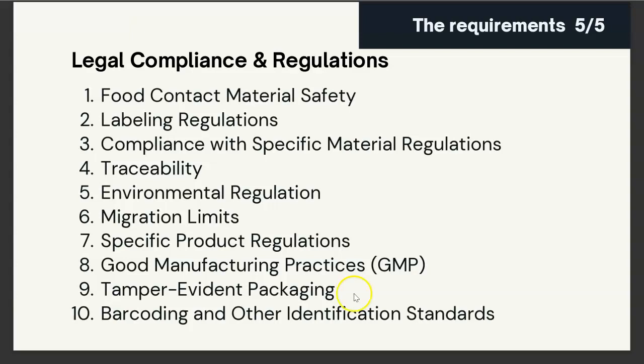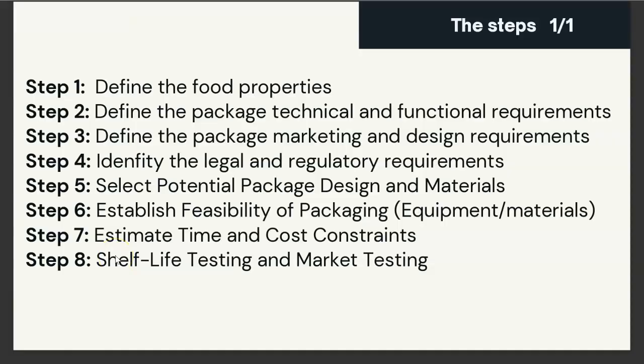So they might want you to provide, for example, with mineral water, once it is opened, you can see the broken part of the closing cap. And last but not least, the barcoding and other identification standards, for example, logistics and inventory management. Okay, right.